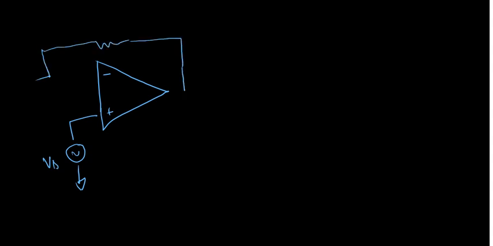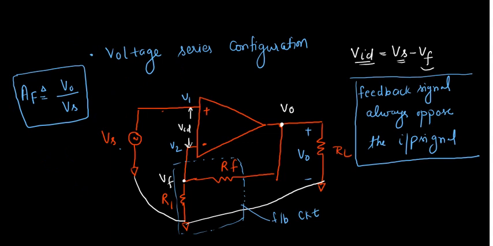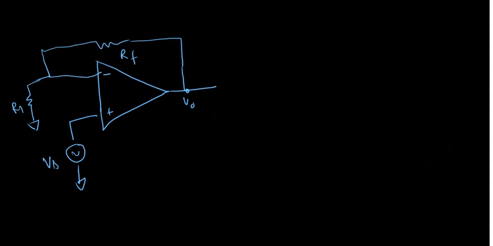Sorry for my drawing. Just look at this. And this. Same, isn't it? And this you have studied. You might have done this in the lab. So what was the AF? Correct?